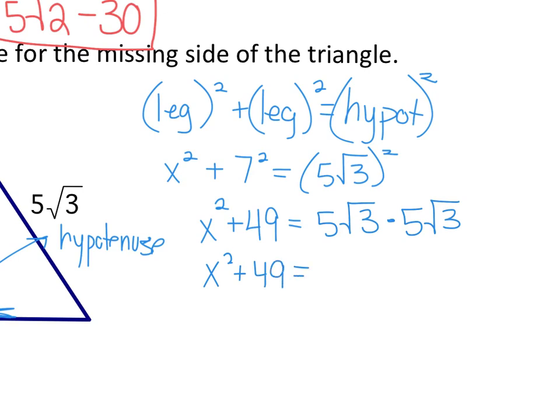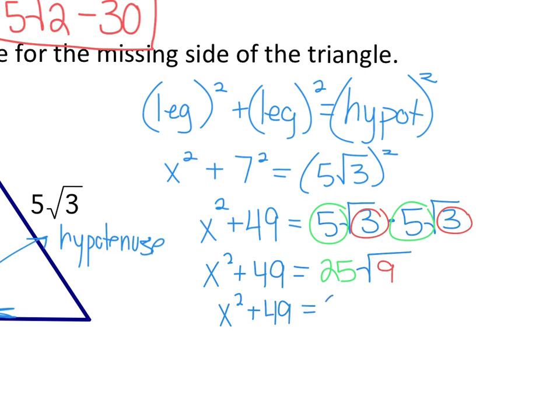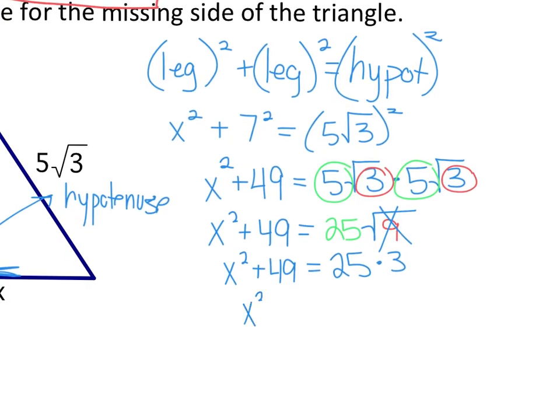This is going to equal, I can multiply 5 times 5, I get 25, square root of, and then I multiply 3 times 3, and I get 9. Well, looking at the right side, I have 25 times a perfect square. So when I simplify that, I am going to get 25 times the square root of 9, which is another way to write the number 3. So x squared plus 49 is going to equal 75.